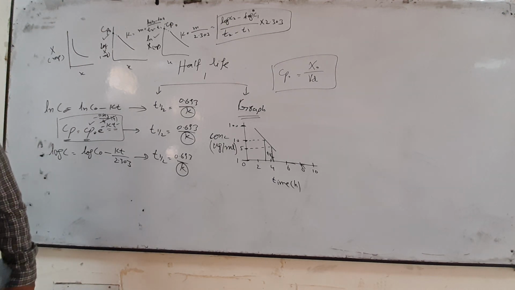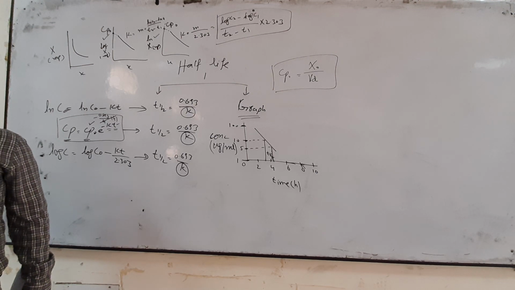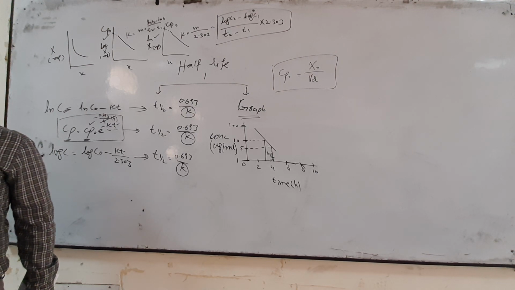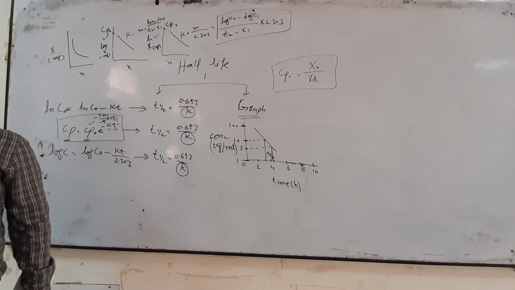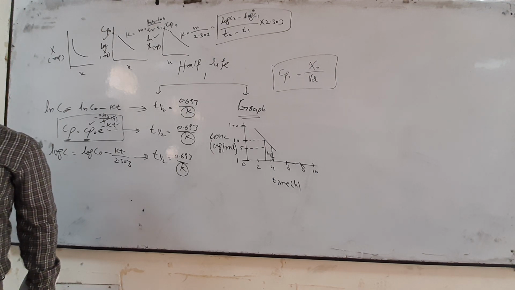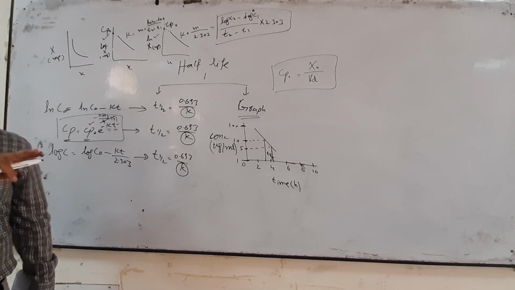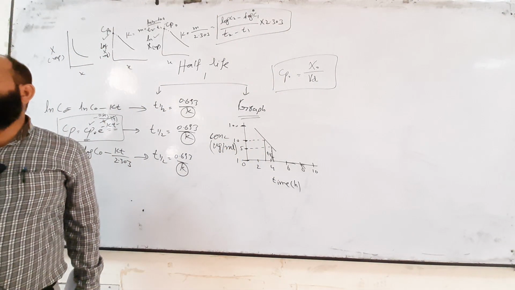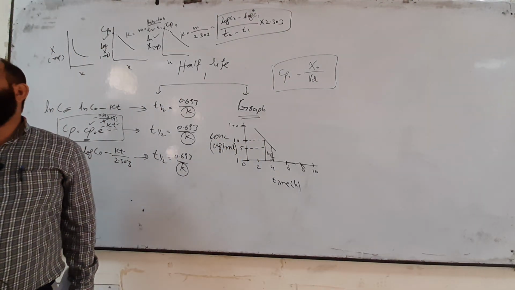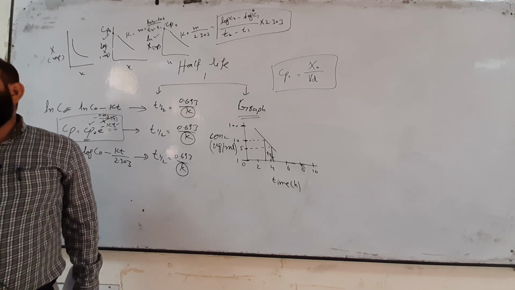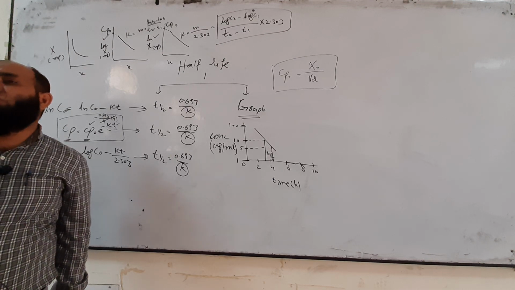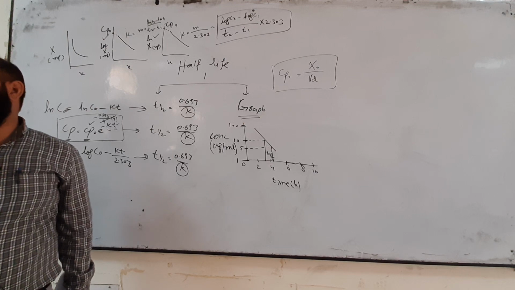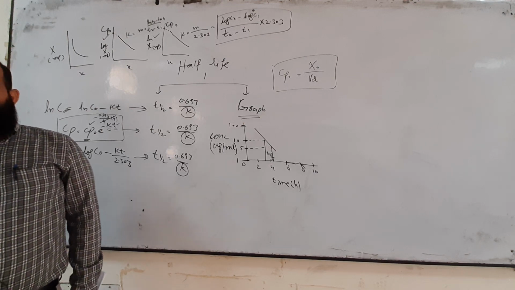Then the time difference will be called t half, half-life. If we construct this graph for the elimination line, because this is only the elimination line, IV injection. But in case of the distribution line or the absorption line, these values of the half-life will be considered the absorption half-life or the distribution half-life.